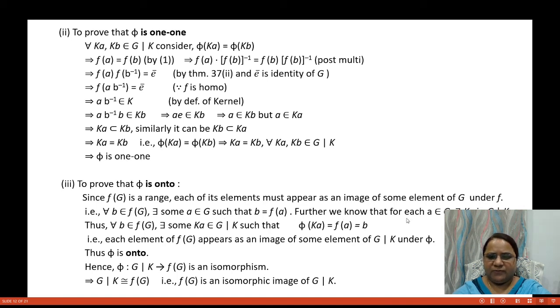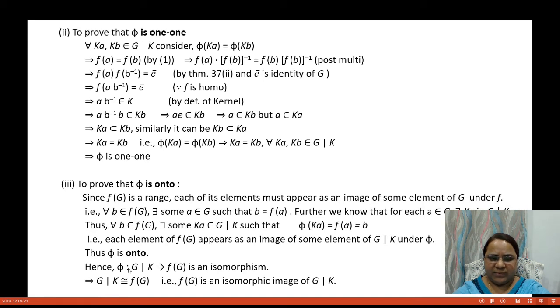Further, we know that for each a belongs to G, there exists Ka in G/K. Thus, for all b belongs to f of G, there exists some Ka belongs to G/K such that phi of Ka is equal to f of a, which is equal to b. That is, each element of f of G appears as an image of some element of G/K under phi, which means phi is onto here.